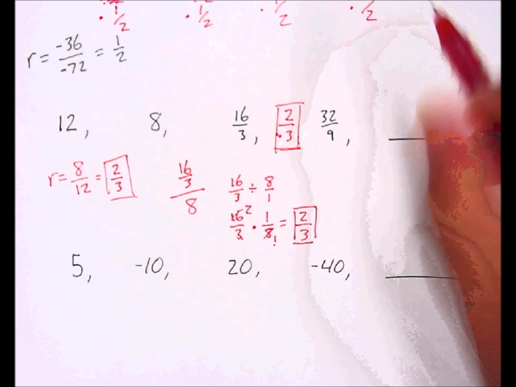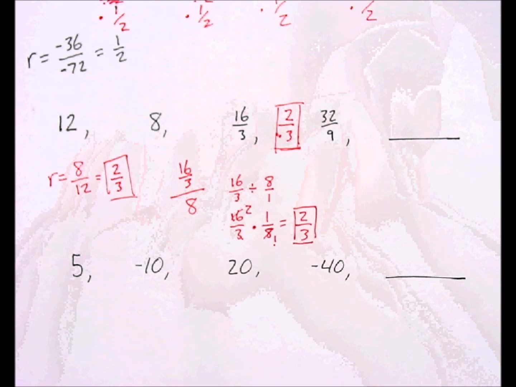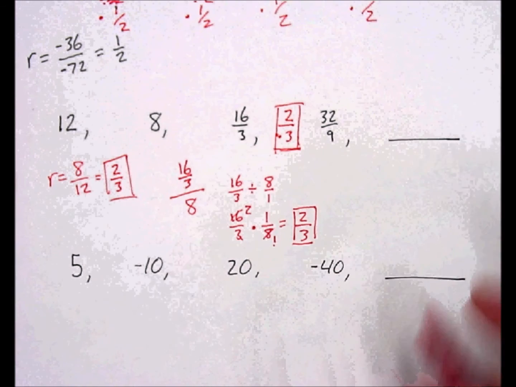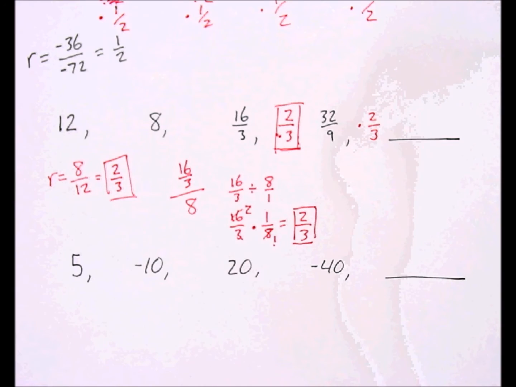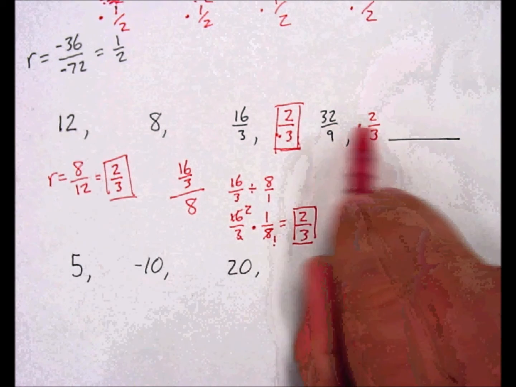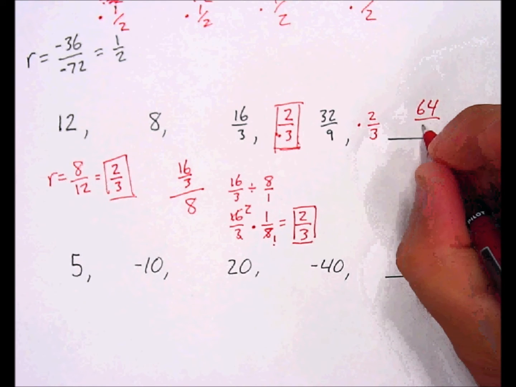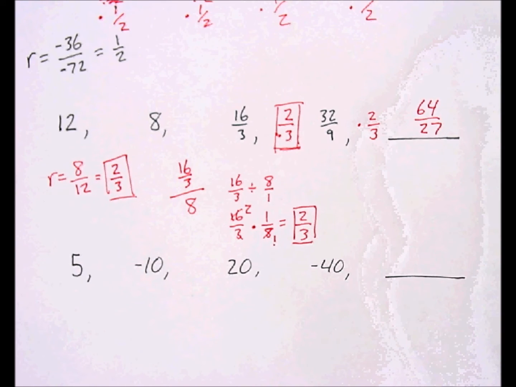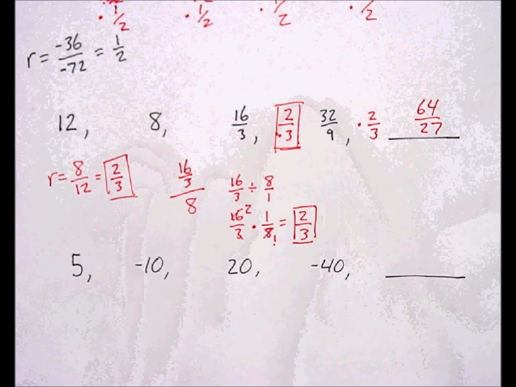And so while initially it seems like I should look for it here, sometimes the fractions are the fastest place to find it. So if I do my pattern a little bit further, I should be able to figure out my next term, right? 32 times 2 is 64 over 27. And there's my next term, and this is geometric because it has a common ratio.